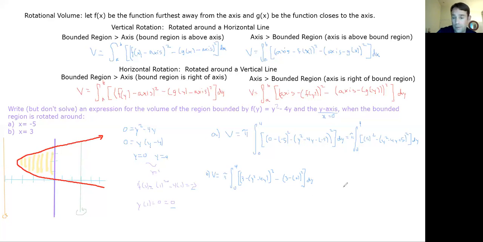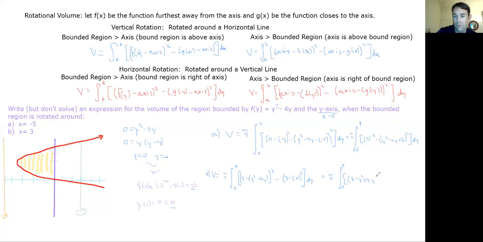And I'll just clean that up again. Just get rid of some of those parentheses. Don't have too many. Kind of makes it a little confusing to look at. And again, I'm just asking you to write it. I'm not asking you to solve it. So this first one, we have 3 minus y squared plus 4y.